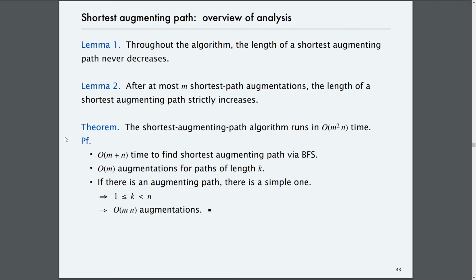It's going to be between 1 and n, not inclusive at the end. And we're going to have O of m times n augmentations in total. So you take this time complexity, you multiply it with this, and then you get O of m squared times n.